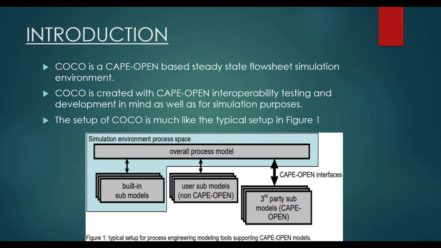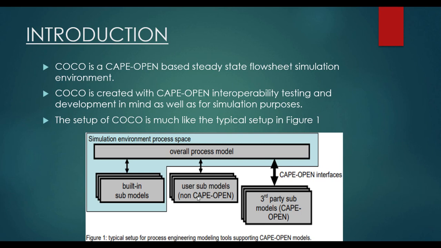the figure here is showing that the overall process model consists of these three things. The one is the built-in submodels, user submodels, and third party. Like when you install a software, you see in the support folder that there are various examples solved for you. So that's the built-in submodels.